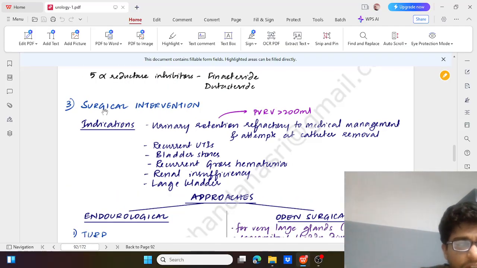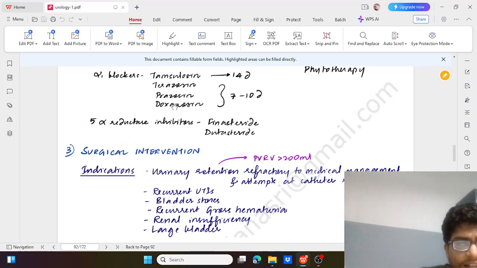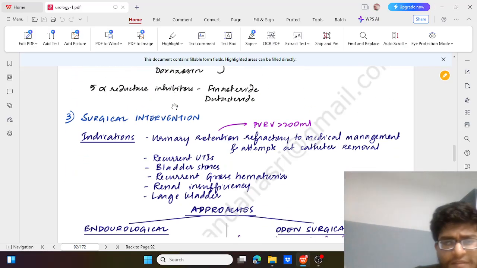Then coming to surgical intervention. If there is failure of medical therapy, then we will need surgical intervention. So what are the indications? Urinary retention refractory to medical management. So we have tried to manage the patient, but the patient is again and again going into urine retention.